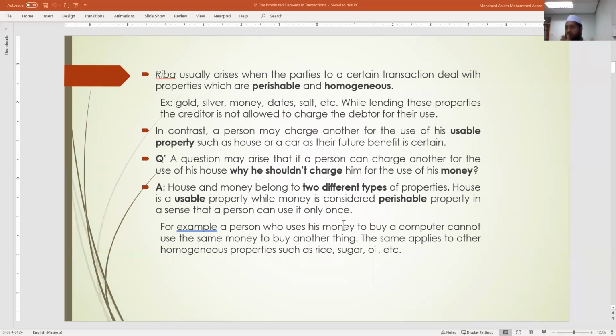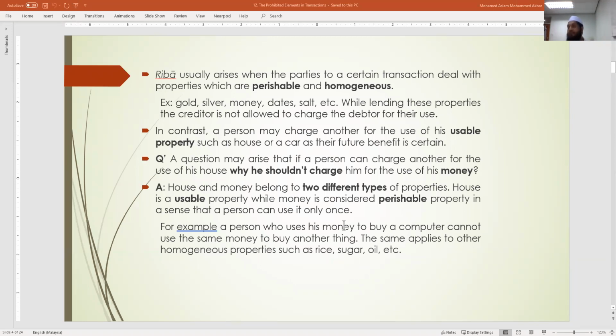A question may arise that if a person can charge another for the use of his house, why should he not charge him for the use of his money? Because I gave you 1,000 ringgit, like in the previous example, and you benefit from that 1,000 ringgit, why don't I charge something because you used my money?